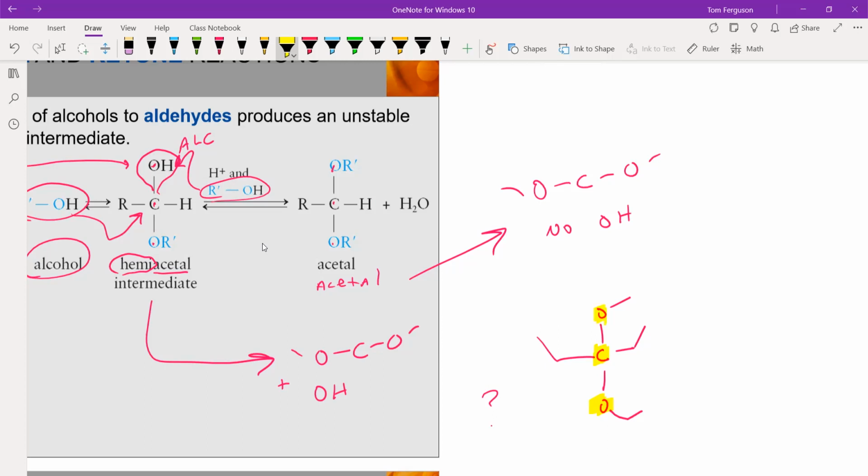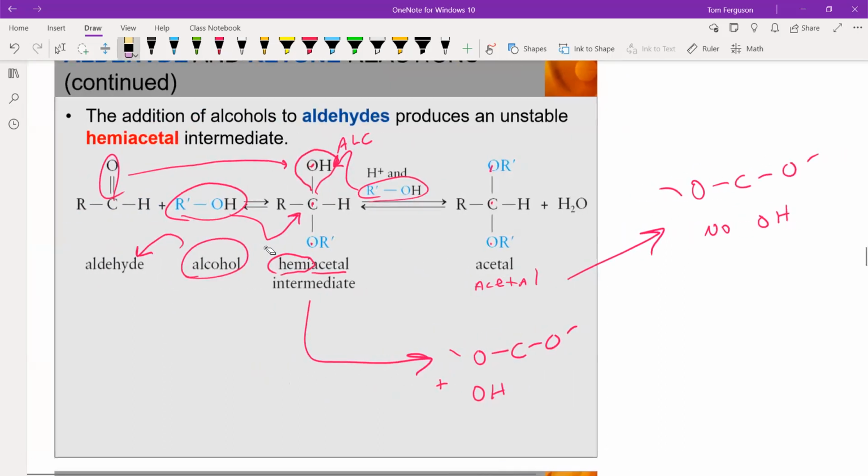That means it's an acetal, or let me, in fact, I'm going to back up a second here. Okay, so we're starting with an aldehyde and an alcohol.